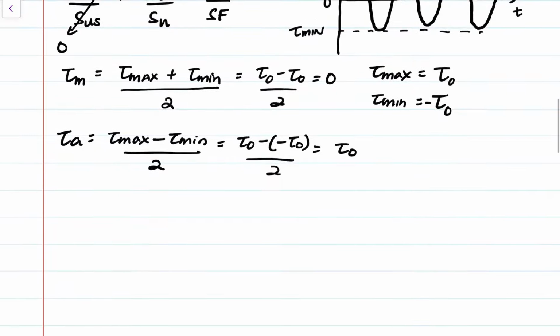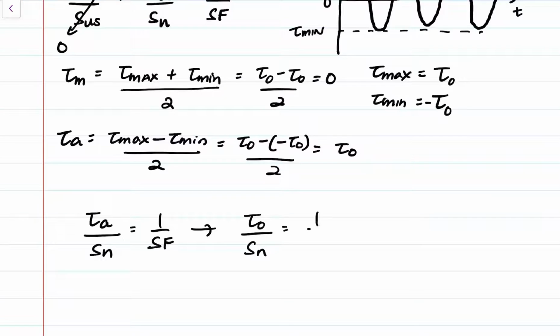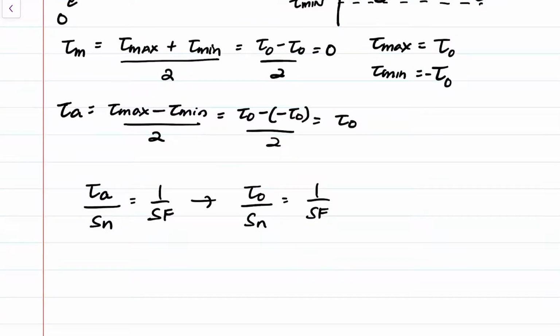So what we're left with is tau alternating over Sn is equal to 1 over Sf. And we can say that tau alternating is just tau naught, so tau naught over Sn equals 1 over Sf. So if we find Sn and we know Sf, we have tau naught, right? Or do we? So tau naught is basically the shear stress due to torsion.